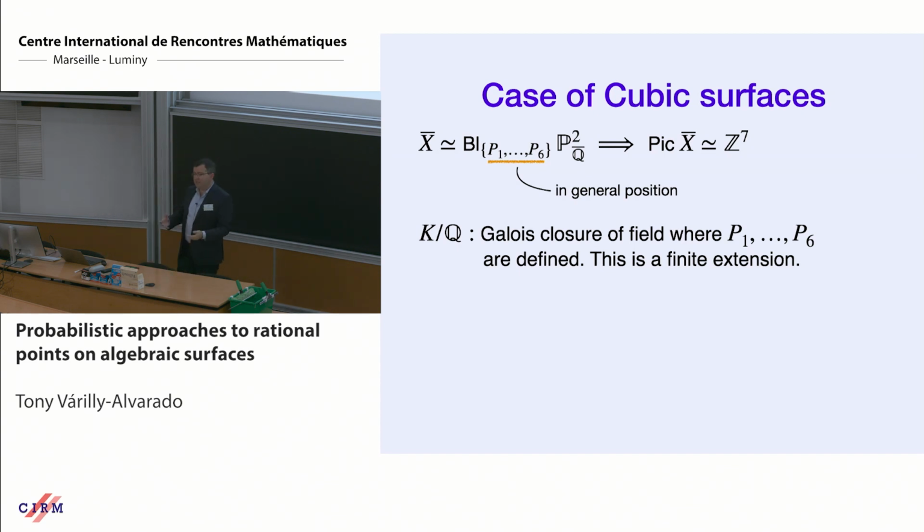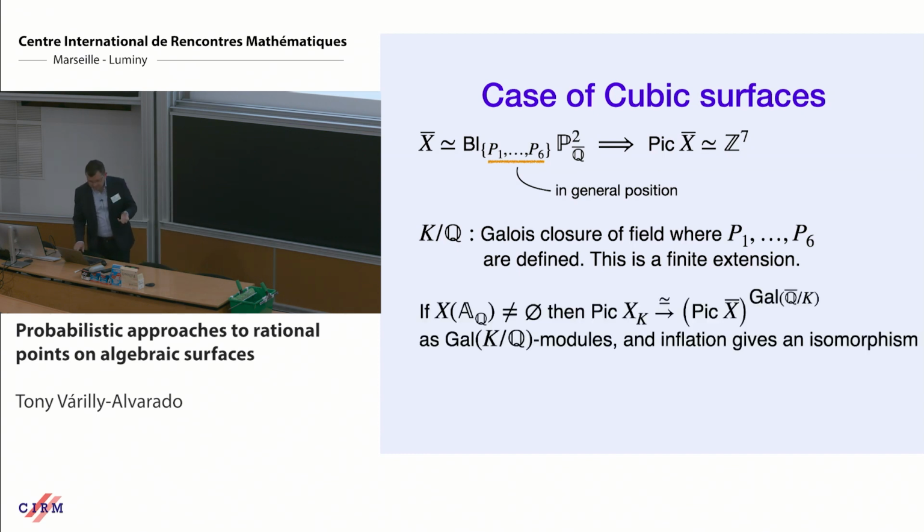Over that extension, this whole blow-up becomes visible, and you can do this whole isomorphism over there. And so the point is that this Galois extension should already capture all of the Galois action on the geometric Picard group, and that is correct.